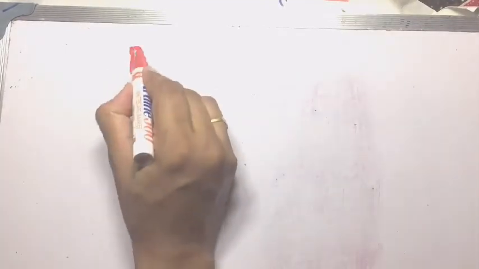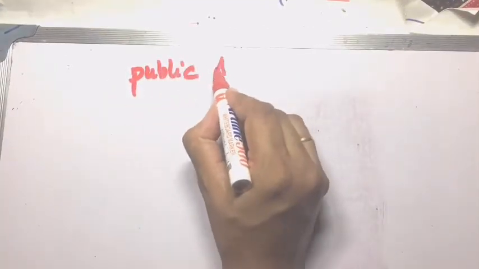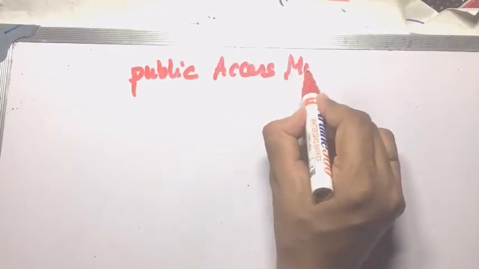Now the last one is public, which we use the most. This is the public access modifier. This is the last modifier.